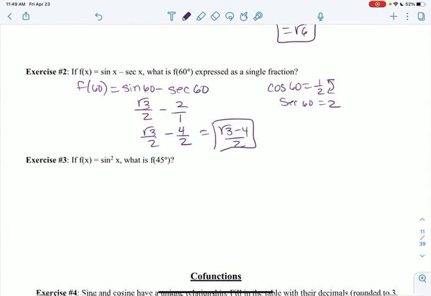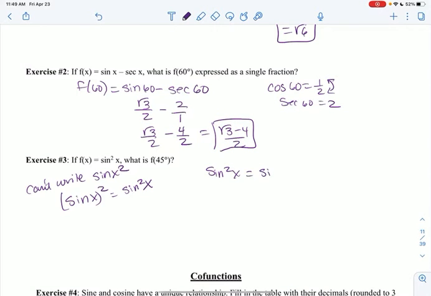And this one, 3, is a little bit tricky. Just a notation. Basically, we can't write sine x squared. So if I have something like sine x and I want to square it, that really just means sine to the 2 of x, right? It's just a notation. So basically, when I have sine squared x, that is really just sine of x, squared.